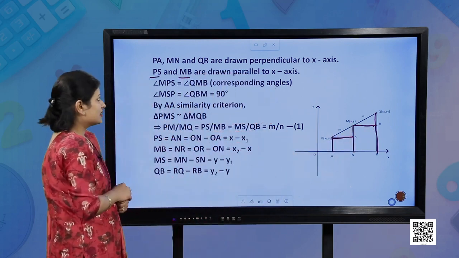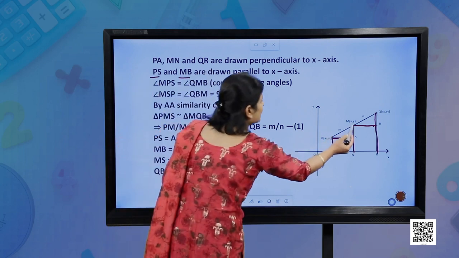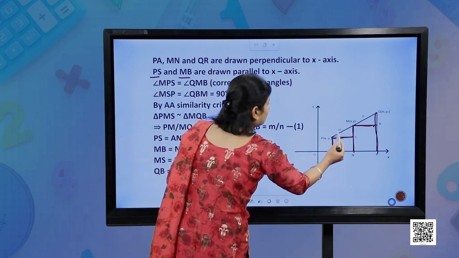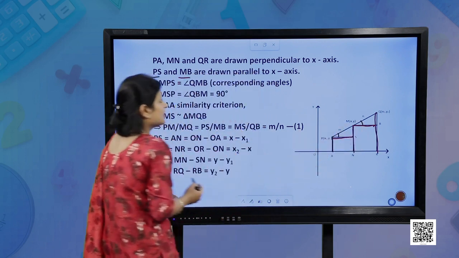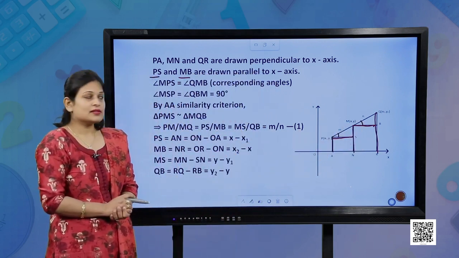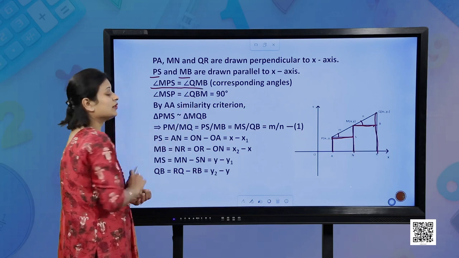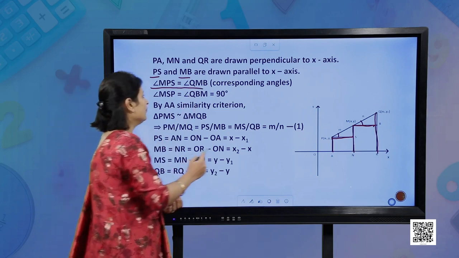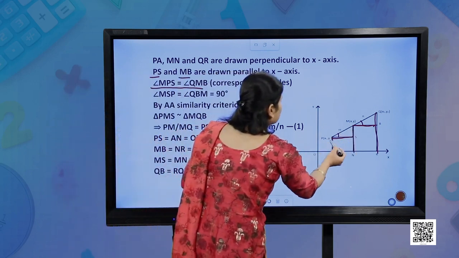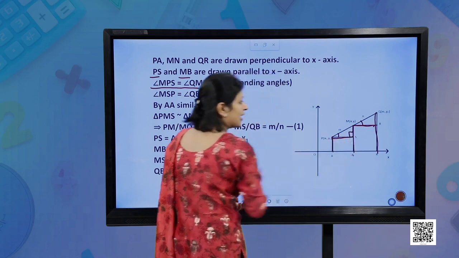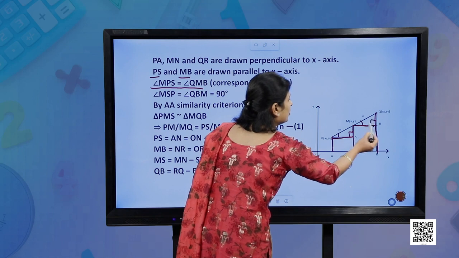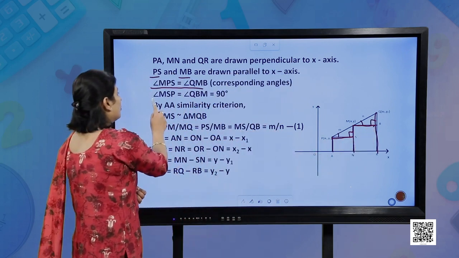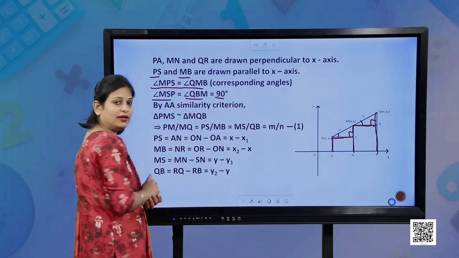As you can see, angles MPS and QMB are corresponding angles, so they are equal. Also, angle MSP is 90 degrees and angle QBM is also 90 degrees.